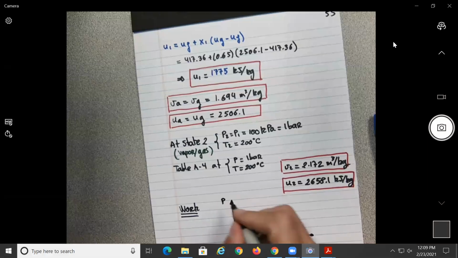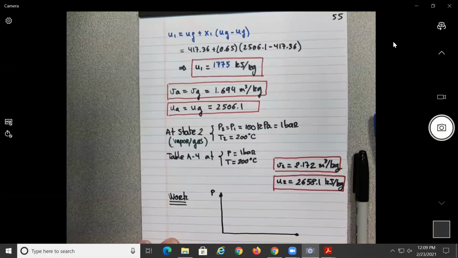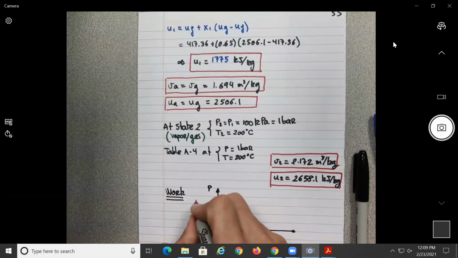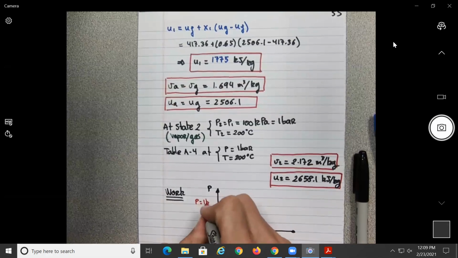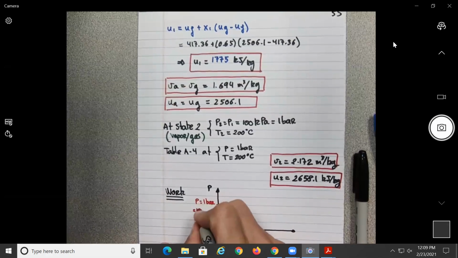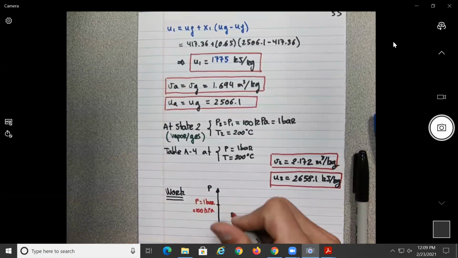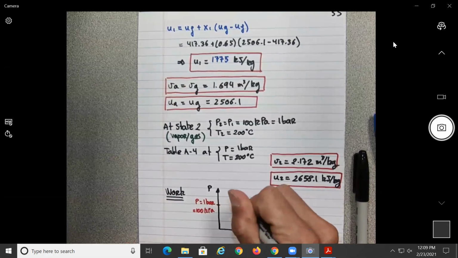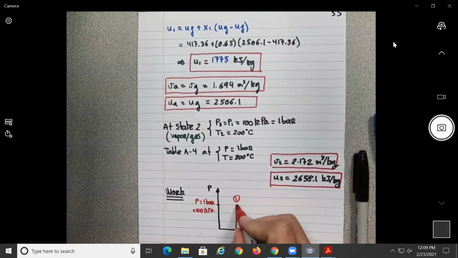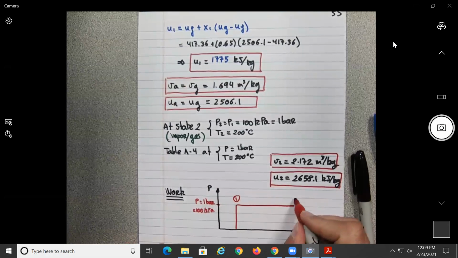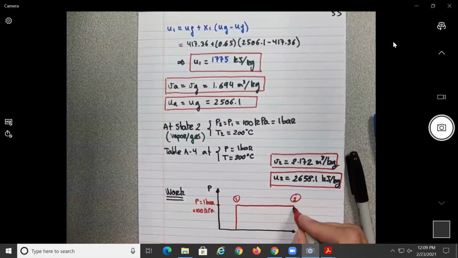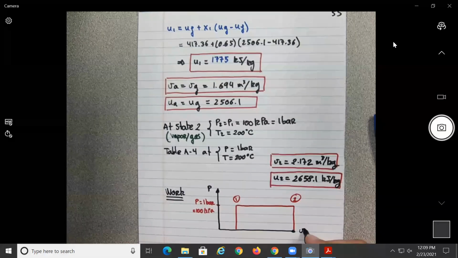If this is the pressure, we know the pressure is 1 bar or 100 kilopascals, and it is constant between 1 and 2, no? Yeah?